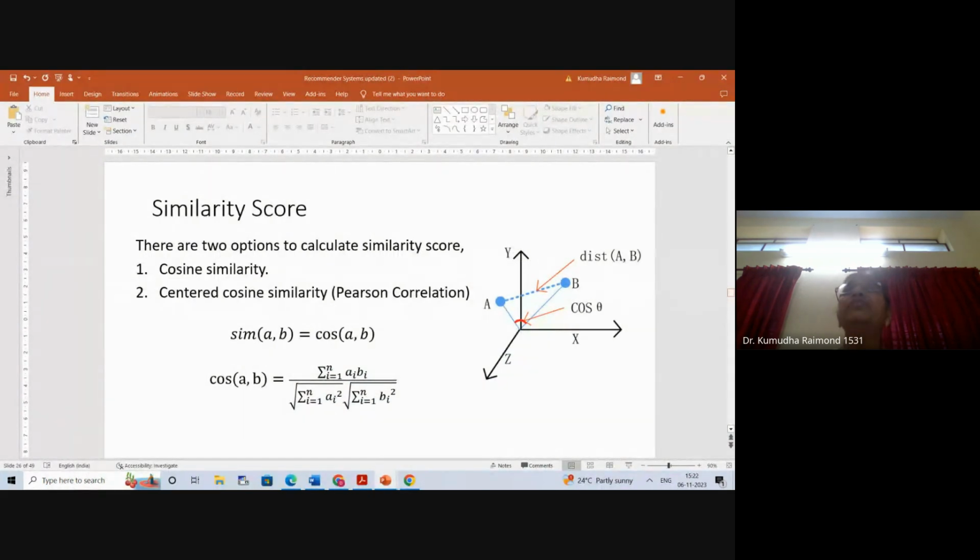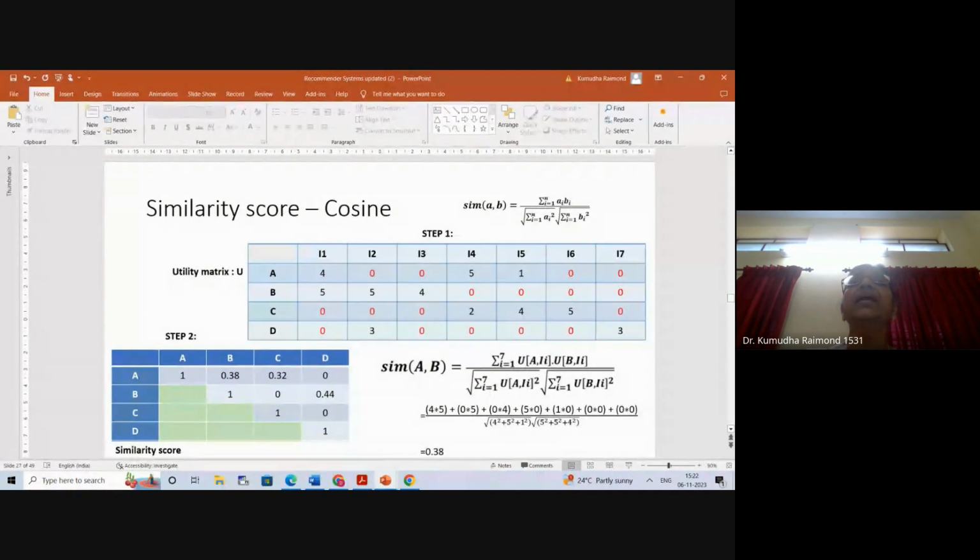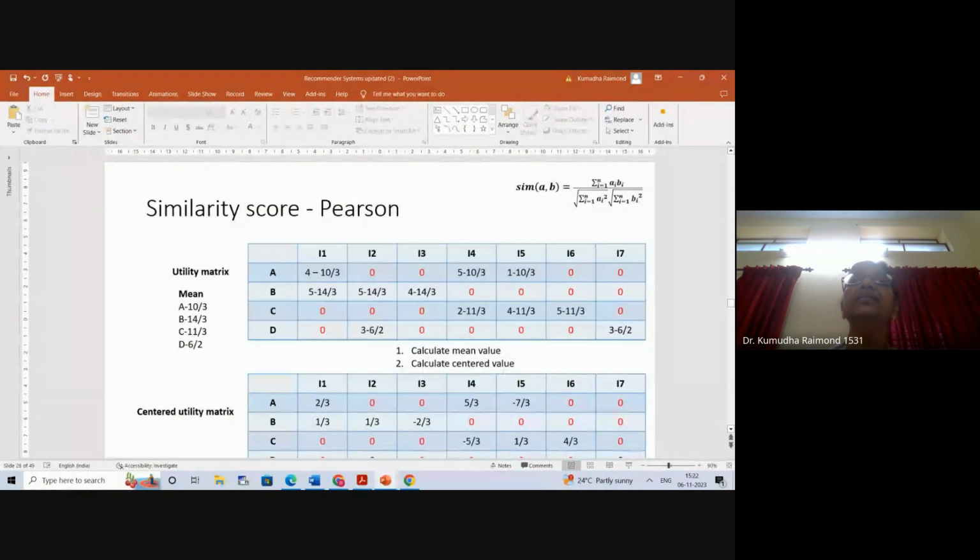It is actually based on the similarity score, right? One is called cosine similarity, another one is called Pearson similarity score. So based on both these things, we will know which has got the highest value, and that particular item or that particular user's preferences will be given to us, or it will try to identify the similar type of user.